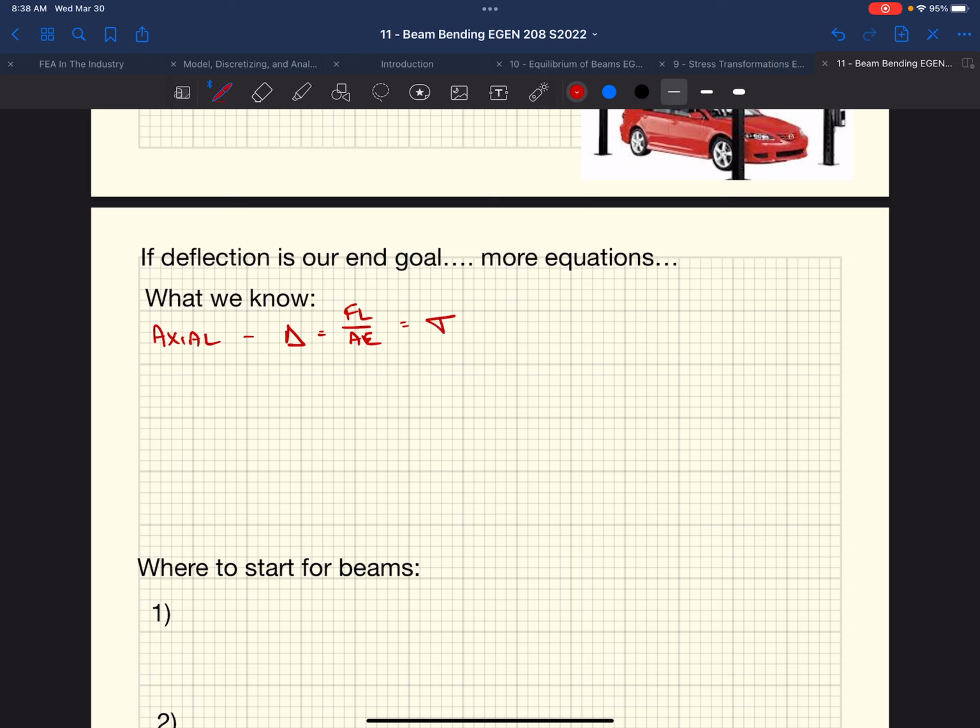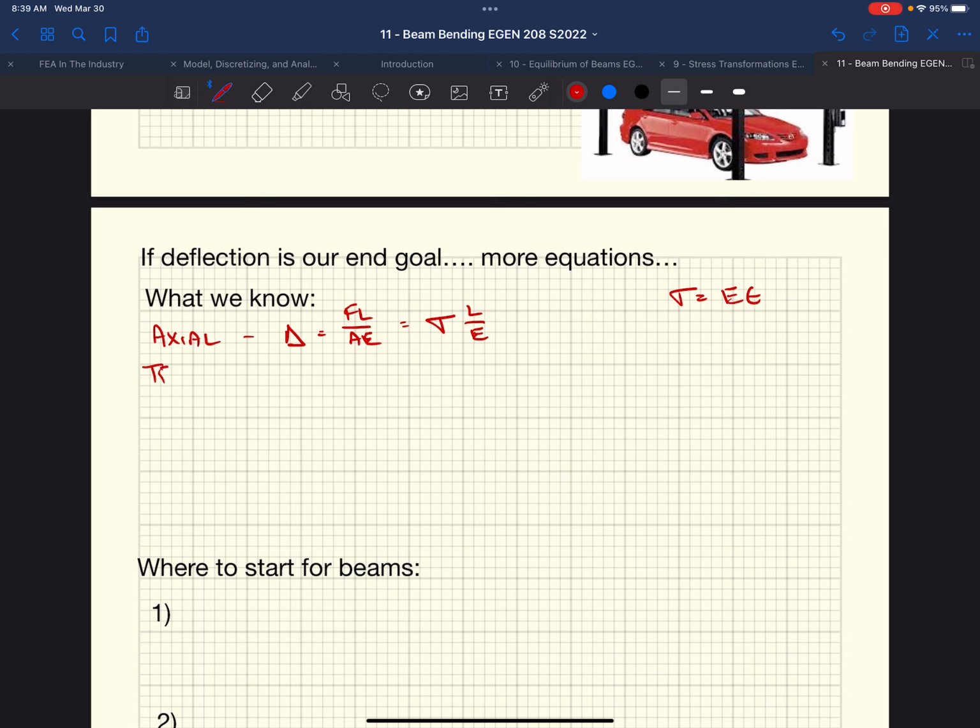Which was the same as saying stress times length over E, right? All of this came from the idea that we have stress equals E epsilon, right? All came from Hooke's law. We knew the change in displacement, or delta, over the original length. That's epsilon times E was stress. So we just rearranged the equation. We then had an equation for stress, which was just the force over the area.